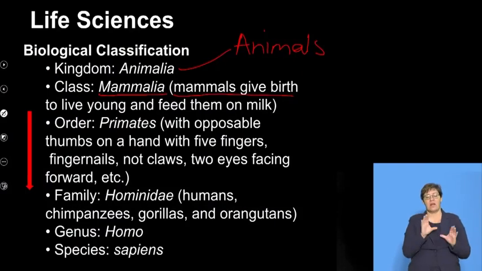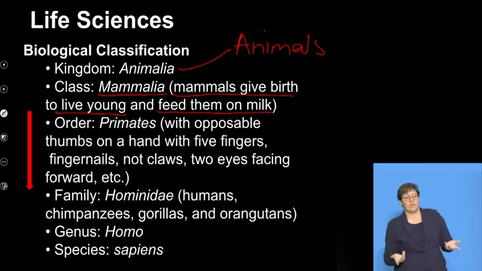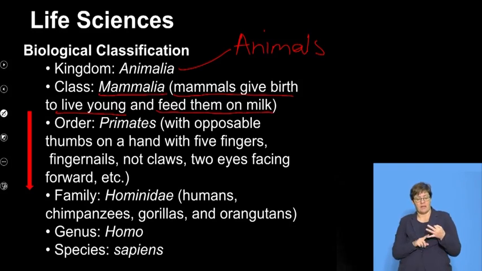Okay, so here in the class Mammalia, we know mammals give birth to live young, so that's the first characteristic. And then they also feed them on milk, so they are nourished on milk. All right, and then humans are in the order primates, and the important characteristic here is they have an opposable thumb on a hand that has 5 fingers.